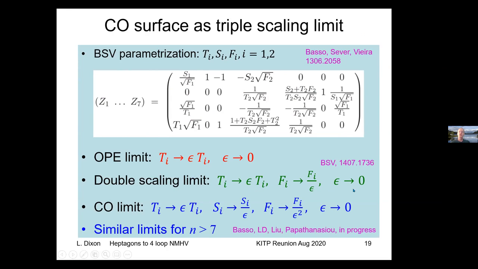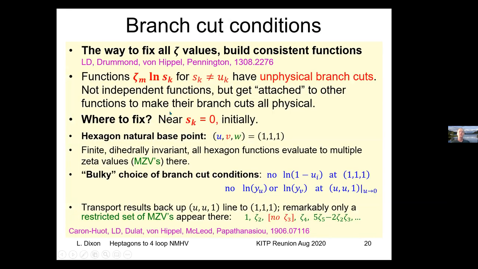But there's also a double scaling limit where you make this transformation. And this CO surface is a triple scaling limit where you scale the t's, the s's, and the f's in exactly this way. And there are very similar, or analogous, limits for n greater than 7 as well, and we're going to be exploiting those to study origins for n greater than 7 in future work.